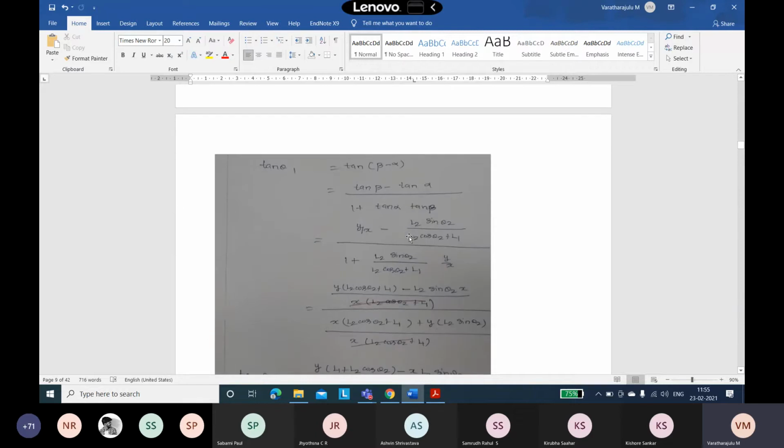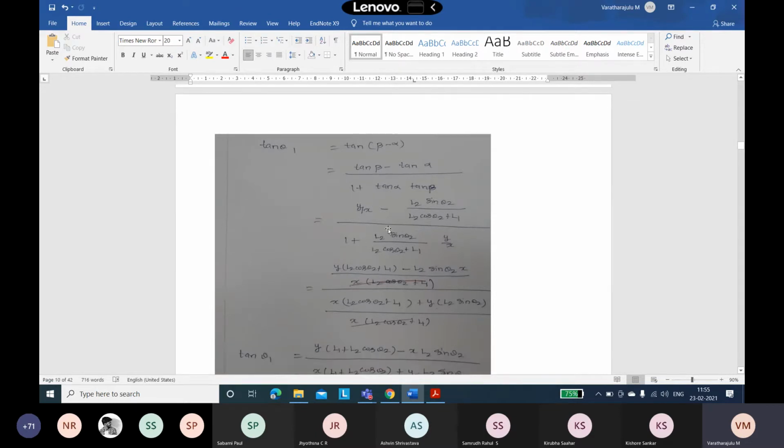Now I am making the common denominator, multiplying x with the denominator and doing the cross multiplication: y into this term minus L2 sin theta 2 into x. Similarly, I am doing this simple calculation at the denominator portion: x into L1 plus L2 cos theta 2, and this I am going to multiply with 1, and I'll get the same result, plus y into L2 sin theta 2.